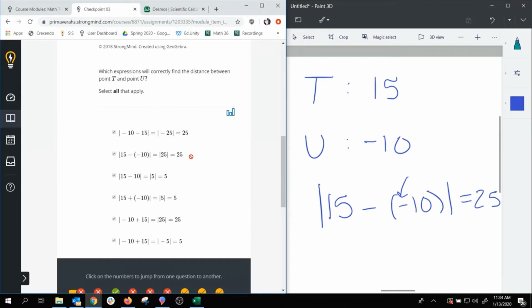So now that I know that the distance between these 2 points is 25, how many answer choices do I automatically know are wrong? How many of them can I automatically say can't be those because the distance is wrong?